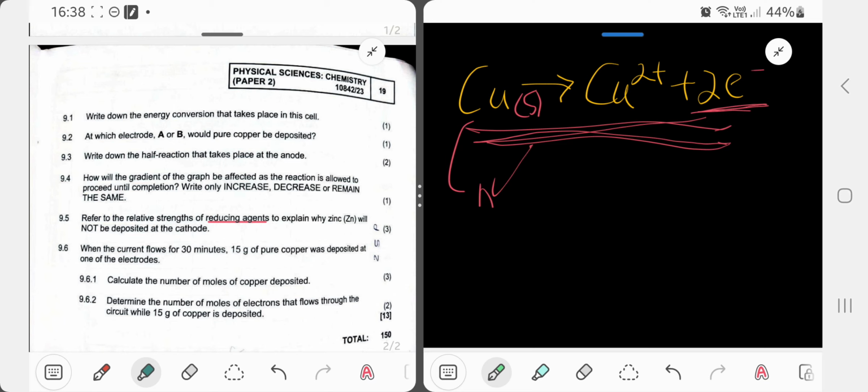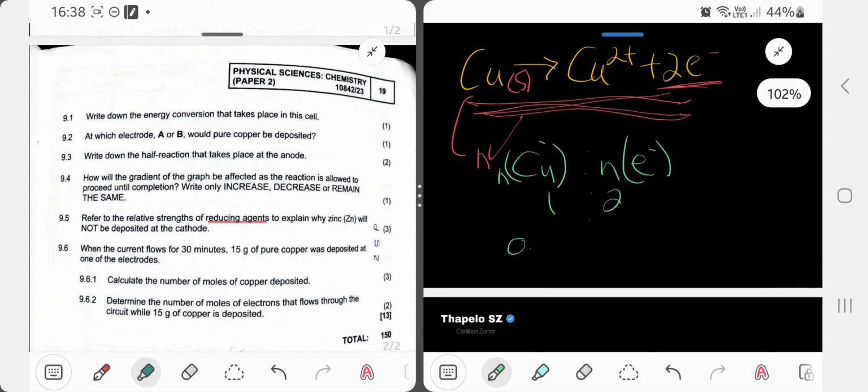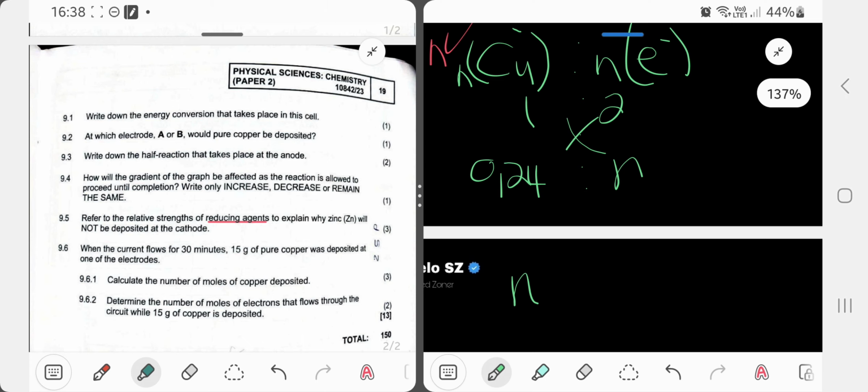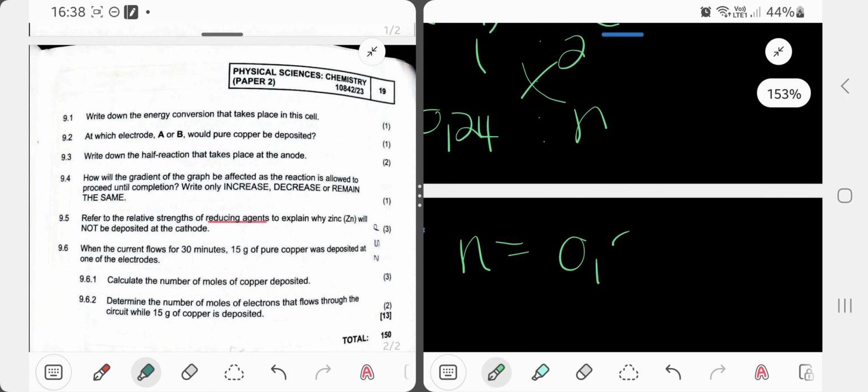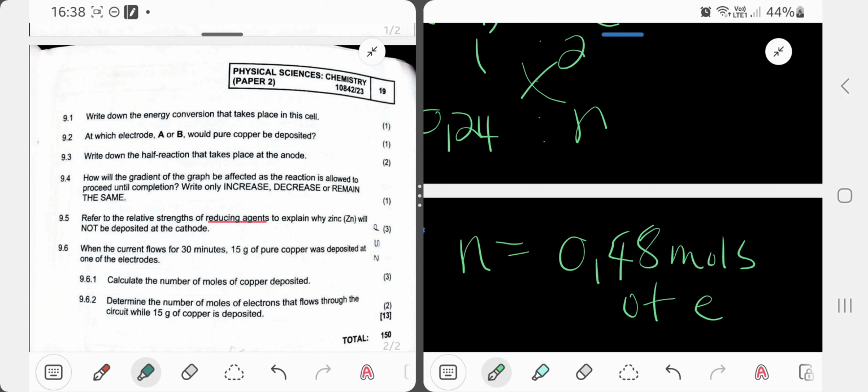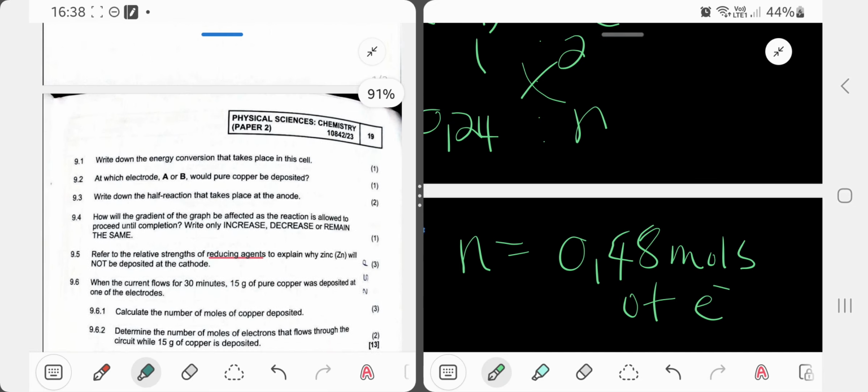The number of moles of Cu compared to the number of moles of electrons is a 1:2 ratio. We have this 0.24, and then this is n, which we don't know. So we just do cross multiplication, and the number of moles of electrons that will flow is 0.48 moles of electrons. And then we are done with this question.